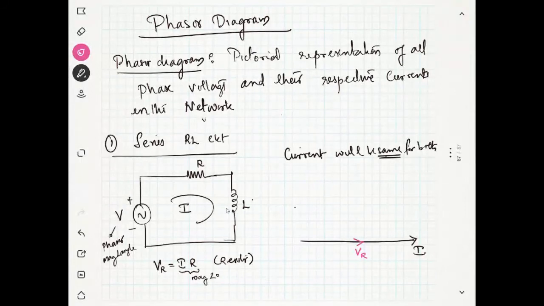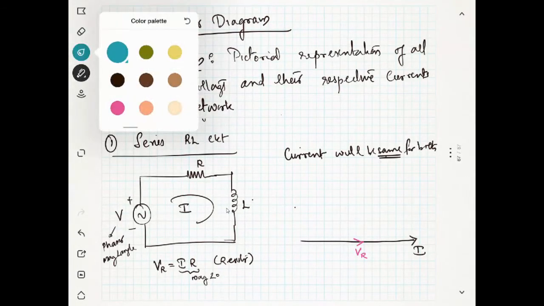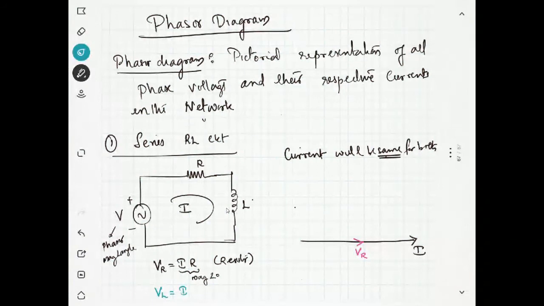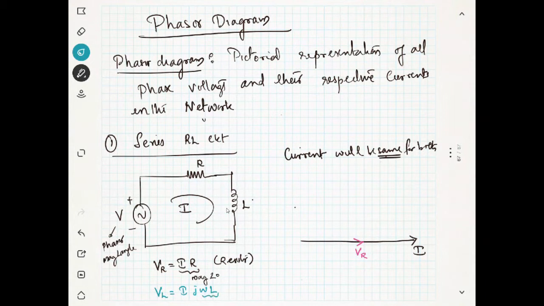Now I am talking about the inductor. Inductor voltage will be I into j omega L. You can see there is a magnitude part and there is an angle part. You know what is J? What is the angle for J? 90.